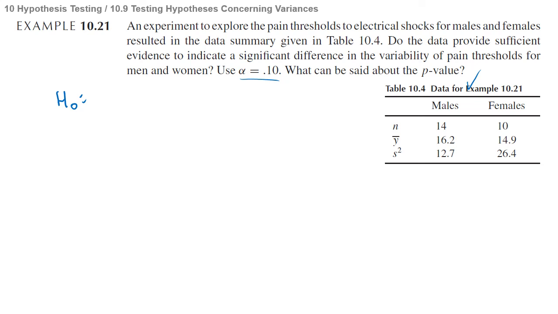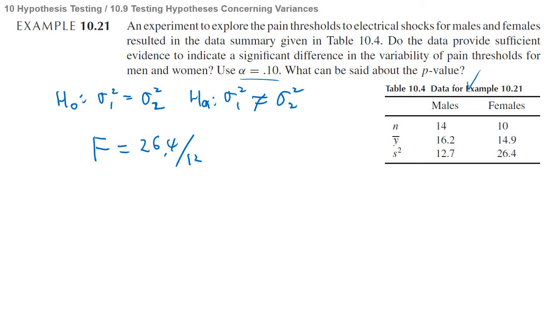H0 is sigma squared 1 is equal to sigma squared 2, and the alternative hypothesis is sigma squared 1 is different from sigma squared 2, and our test statistic F is S1 squared divided by S2 squared, so 26.4 divided by 12.7.